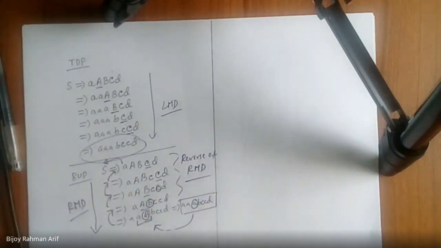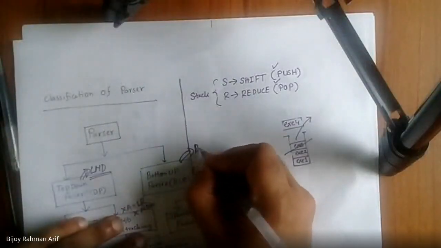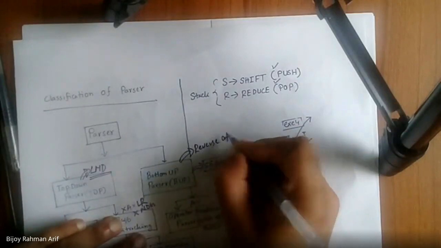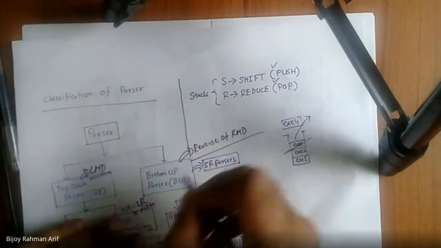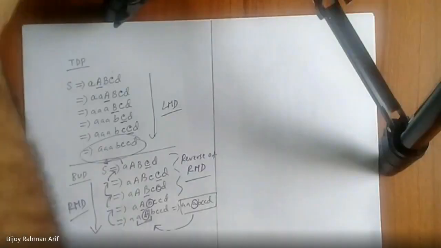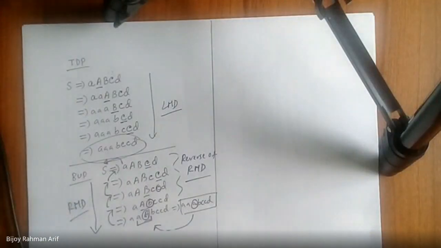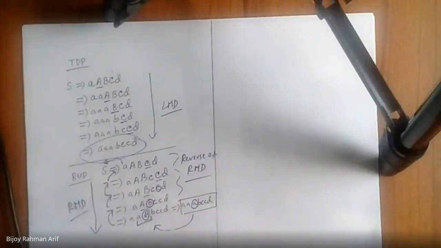So remember, in bottom up parser, reverse of RMD is going on. All bottom up parsers do reverse of RMD, and all top down parsers mostly do LMD. Okay, so let's start officially with one of the parsers.